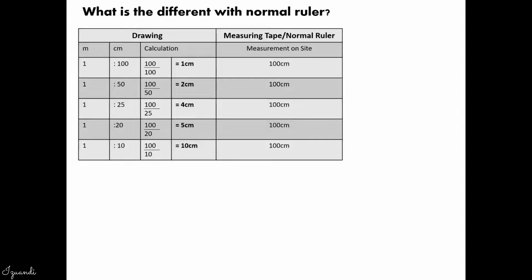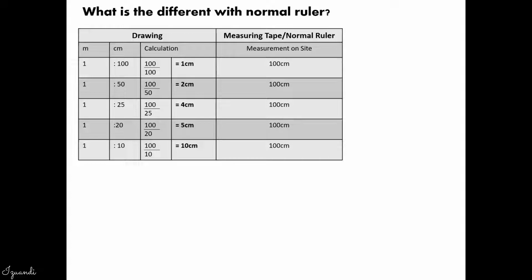Okay, we move on to 1 to 25, 1 to 20 and 1 to 10, which use the same calculation. You need to know the size on site, which is 1 meter, and then divide by the scale. Is it 25, is it 20 or is it 10? For 1 to 25, you will get 4 centimeters on the drawing, while on site it will be 1 meter.